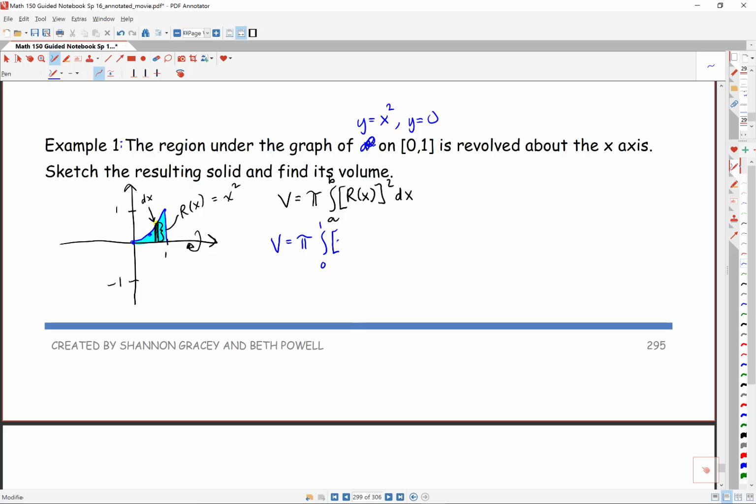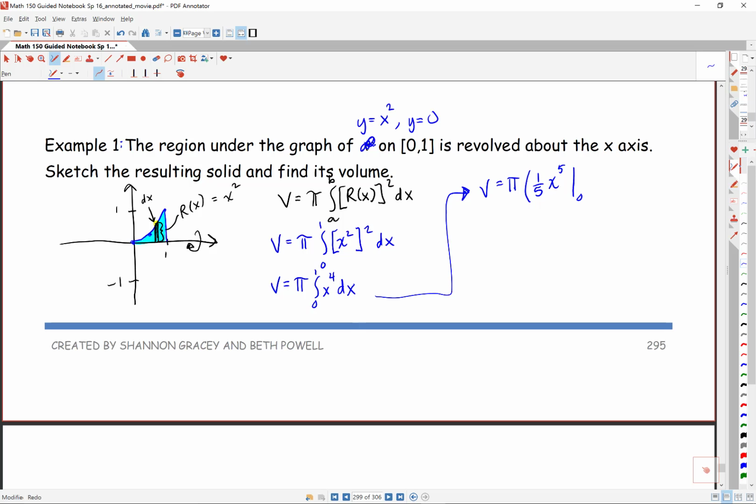So then our volume is pi times the integral from 0 to 1 of x to the 4th dx, which gives us the volume is pi times 1/5 times x to the 5th, evaluated from x equals 0 to x equals 1.